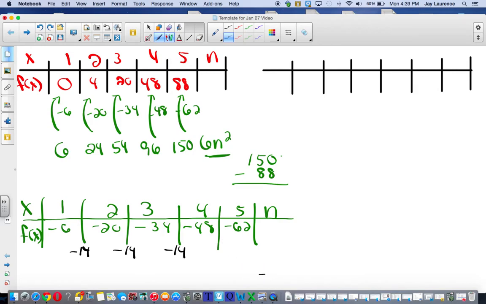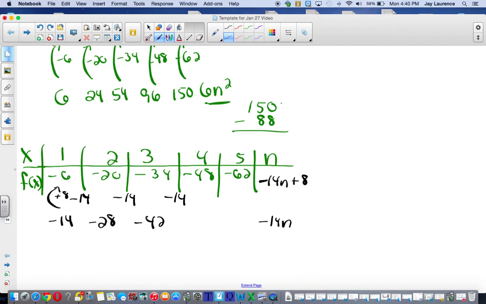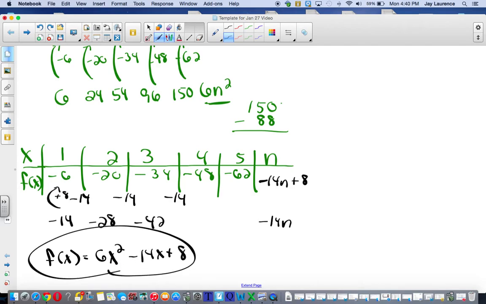So it's going to be minus 14n, and that will be negative 14, negative 28, negative 42. And I'll have to add 8 each time. So it's going to be negative 14n plus 8. So my function is f of x equals 6x squared minus 14x plus 8. And there you go.